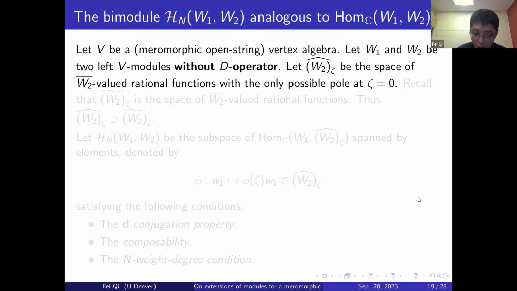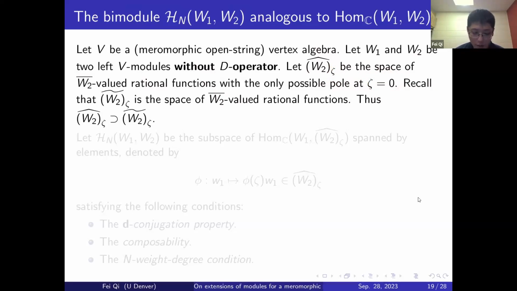So now we start with W1 and W2 to be two left modules without the D operator. And let W2 hat zeta be the space of W2 bar valued rational functions in only one variable, but now I'm allowing zeta equals 0 as a pole. We use a different notation here, a hat instead of a tilde.